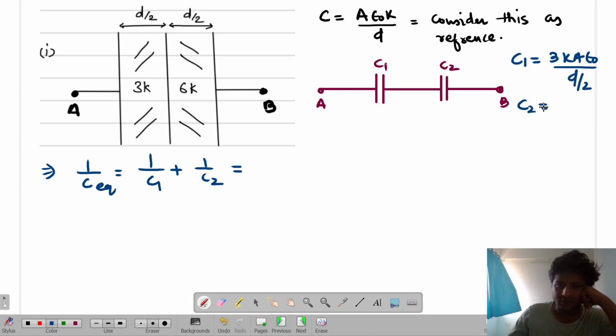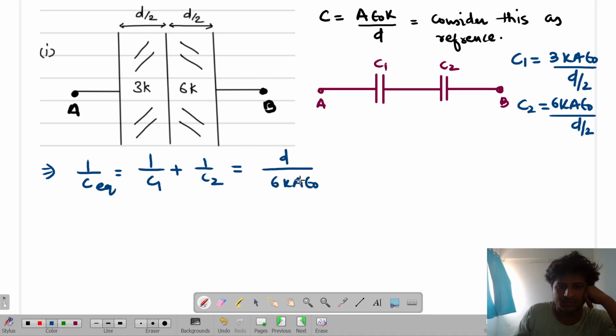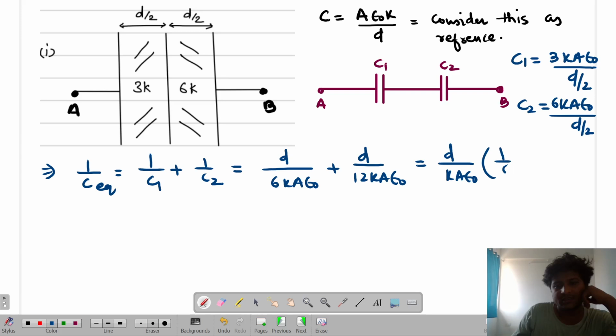So C2 will be 6K A epsilon naught divided by D by 2, isn't it? So your equation will become D on the numerator, over 6K A epsilon naught, plus D over 12K A epsilon naught. So I can take D by K epsilon naught A common, times 1 by 6 plus 1 by 12.